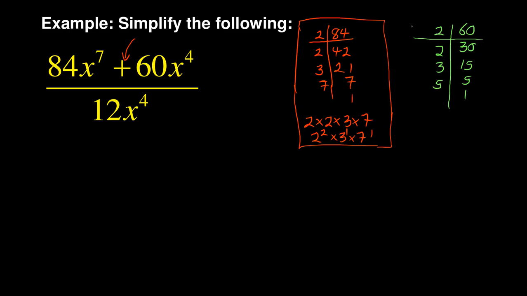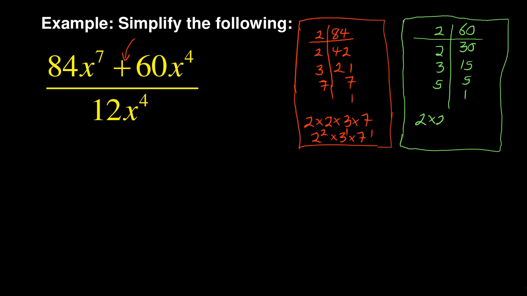Now if you don't understand what I'm doing, you can grab hold of our lesson whereby I teach you how to find the prime factors, and you will find that it is not difficult. Now this is the same as 2 times 2 times 3 times 5. If I multiply this, it will give me my 60, which is the same as 2 squared times 3 to the power 1 times 5 to the power 1.